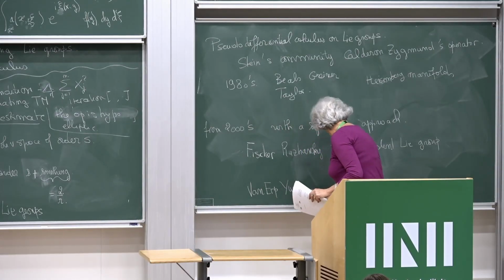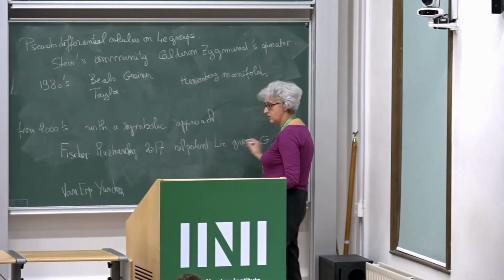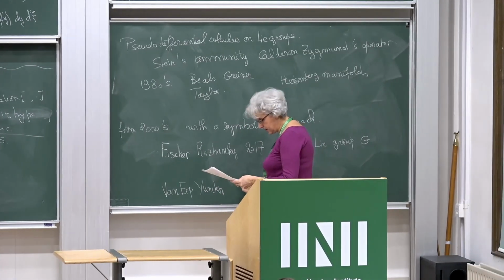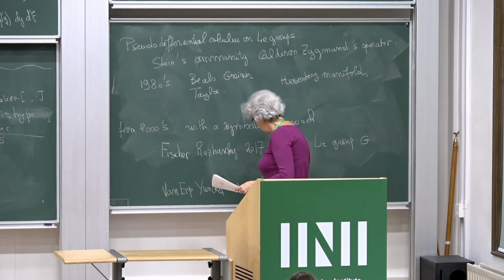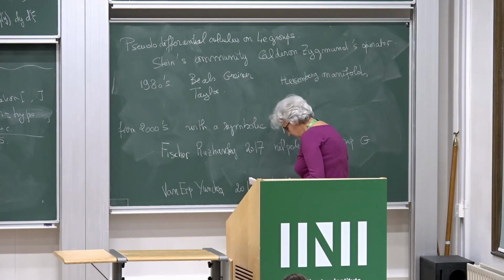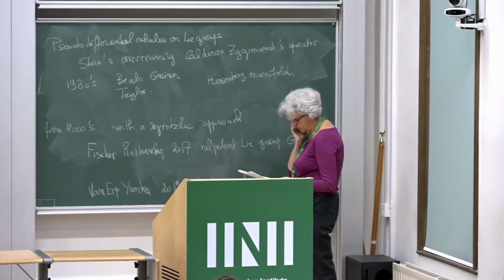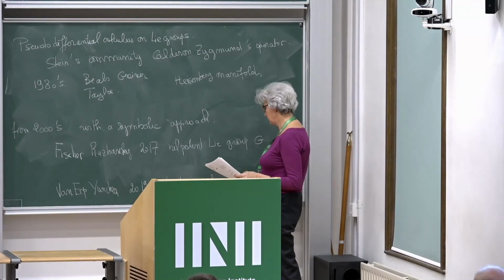Here it's on the group, so it's flat. Okay, and Van Erp and Yuncken develop something on a filtered manifold. But they have a totally different approach, which is coming from the C*-algebra community, I mean, from Connes' work.